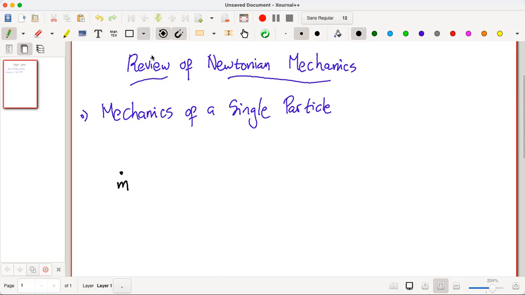Then we are given information about its velocity. Let's say it goes in some direction.